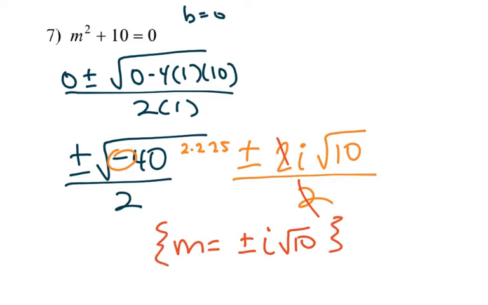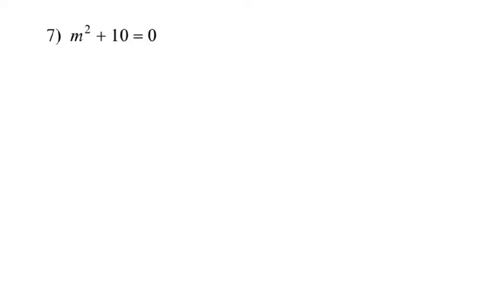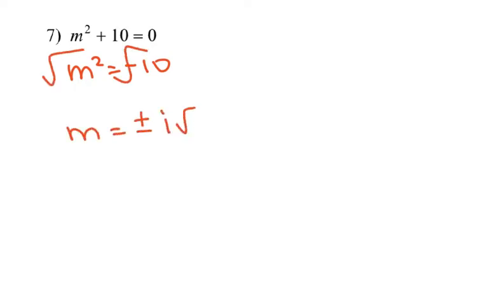Let me back up. If b is 0, did you think of some other thing that we could do? We've learned how to solve that before. Actually, if you recognize it, you can just solve that by subtracting 10 from both sides and taking the square root, and there you go.